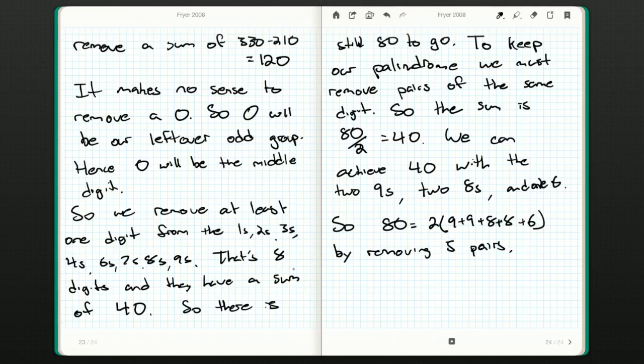So we already removed 8 digits, 5 more pairs, 10 digits. So, same question as in part B. Could we have done it with less?